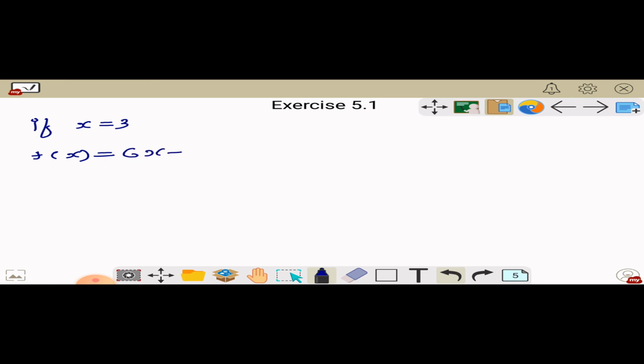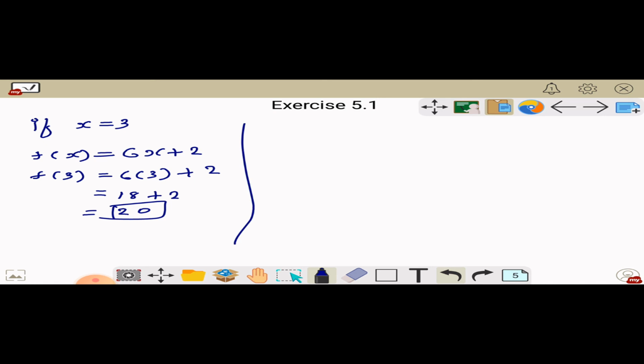So let me write it here, 6x plus 2. So f of 3 is equal to 6 in the bracket 3 plus 2, which is equal to 18 plus 2, which is equal to 20.